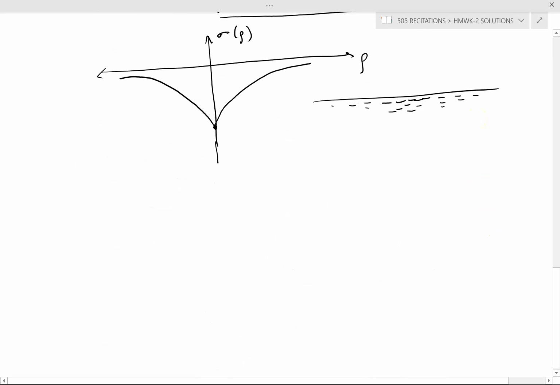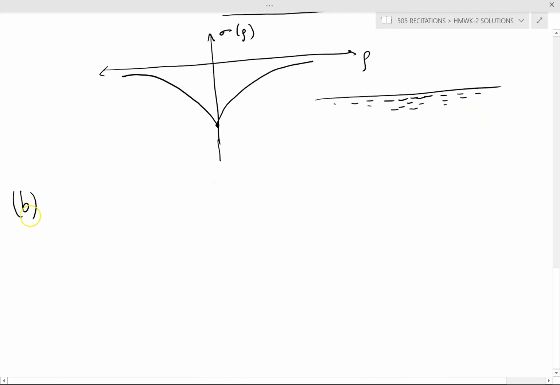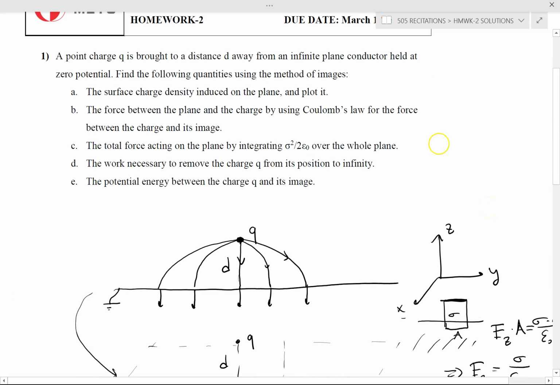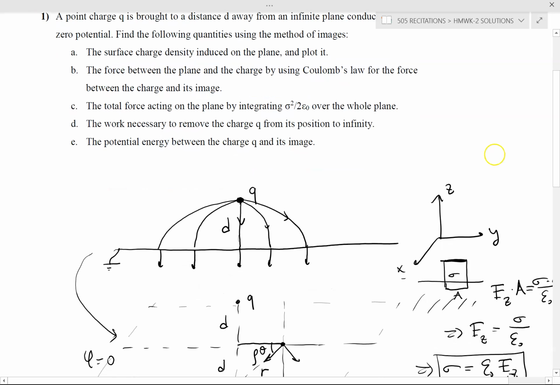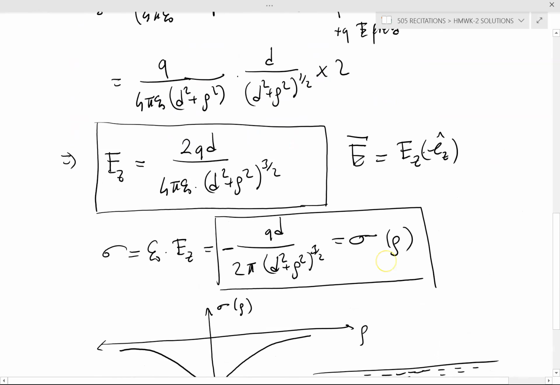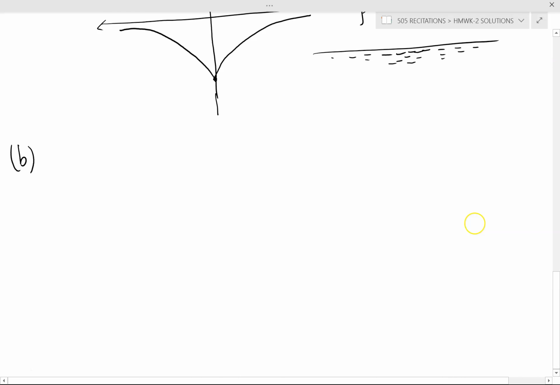Nice. What about part B now? At part B, what we were asked is to find the force between the plane and the charge by using Coulomb's law. So all we need to do is to find this force, right? The distance is equal to 2d, and the F shall be equal to what?